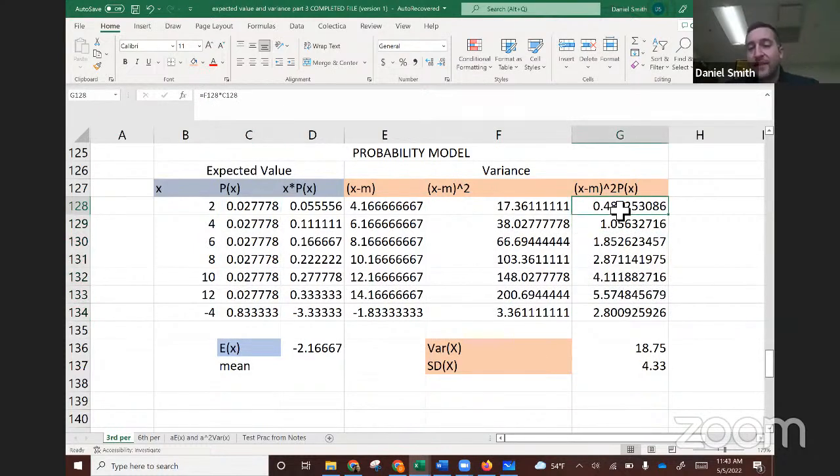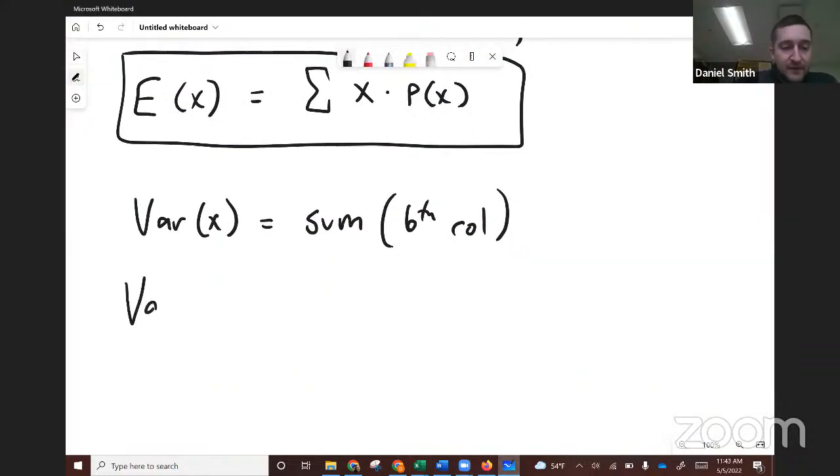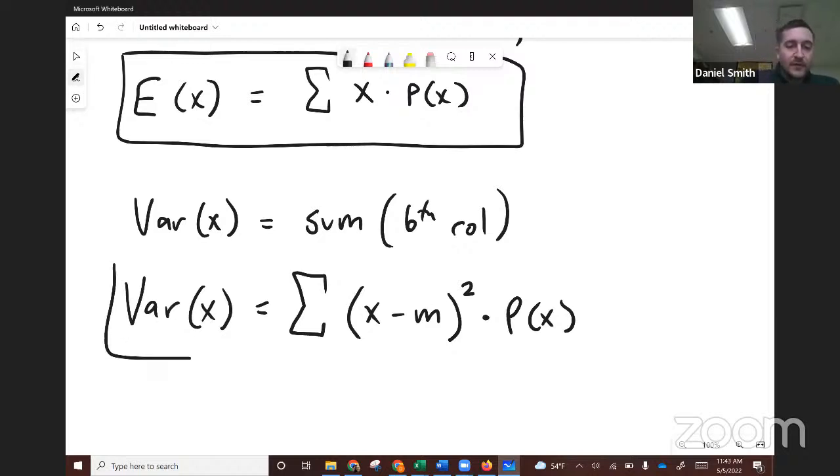So when we say that the variance is the sum of this 6th column, what we are saying is that the variance is the sum of your values minus the mean squared times the probability that they occur. That is the formula for variance.